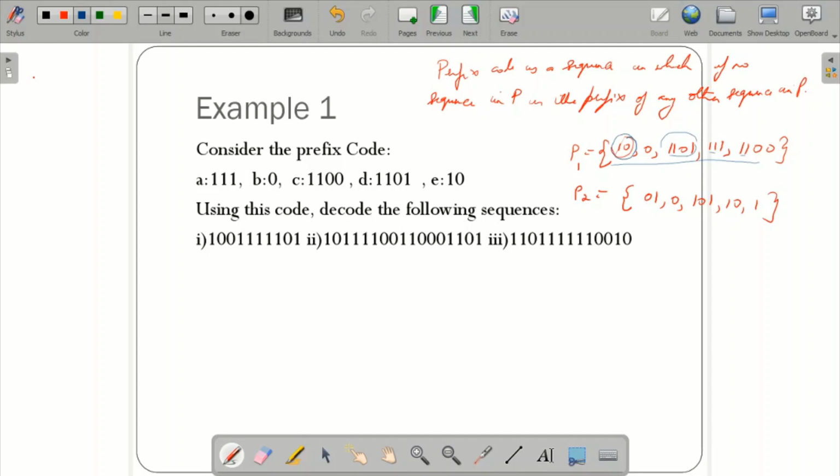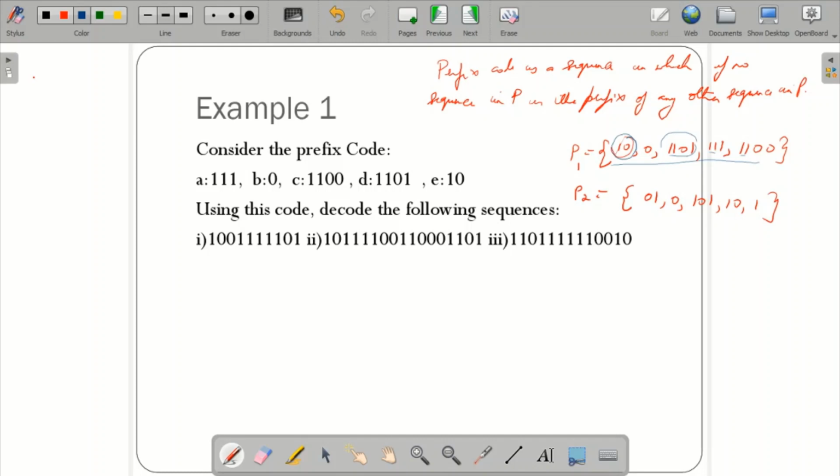So the first sequence is 10000 followed by 111101. For this you have to decode using the code. Check for 100 anywhere. 100 we don't have, but for 10 we need to split this.